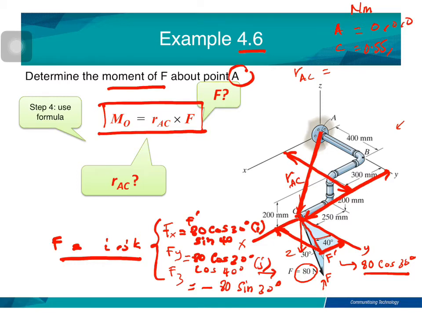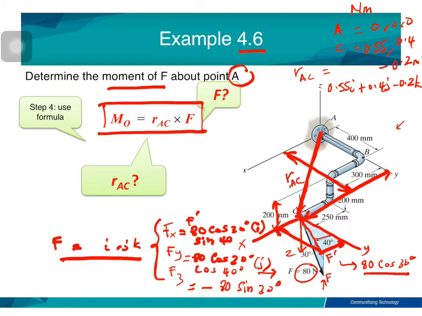So 400 is 0.4, so 0.4 J. This is J. Okay, now Z. So Z is downward here, so Z is negative. So negative 200 mm becomes negative 0.2 meter. So you get RAC is equal to C minus O. So it becomes 0.55 I plus 0.4 J minus 0.2 K.